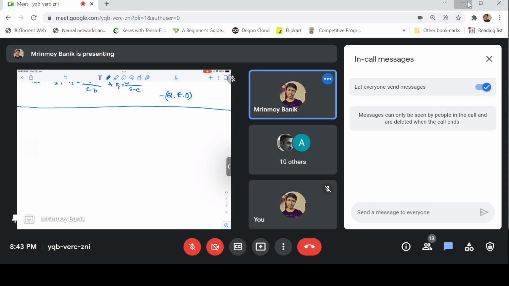So multiplying with s into s minus a, we have s minus a, s. Why is a negative sign coming here?